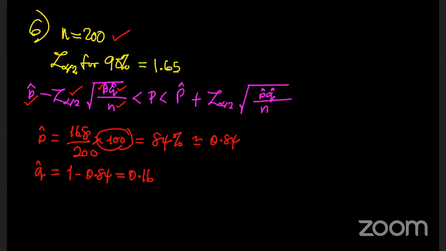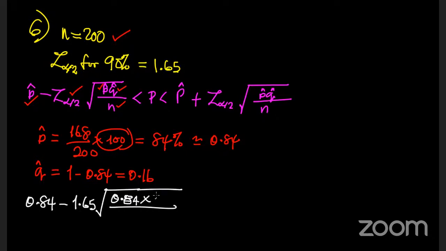So let's substitute now. P prime is 0.84, minus 1.65 times the square root of P prime, 0.84, times Q prime, 0.16, divided by N, which is 200.